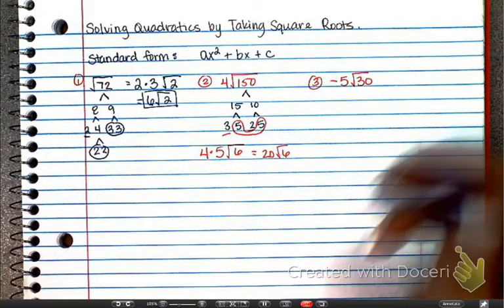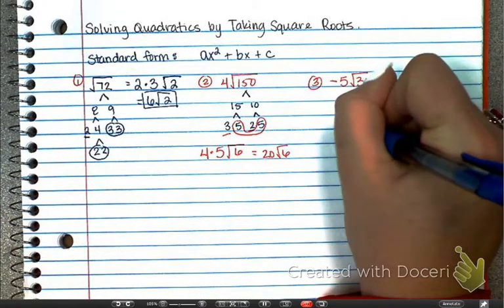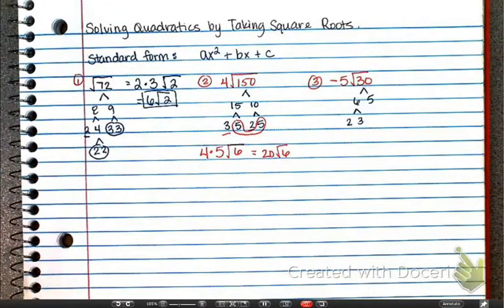Okay, and then 30 breaks down to 6 and 5, and 6 breaks down to 2 and 3. I agree. Where are my pairs at? There's none, so what's my answer?